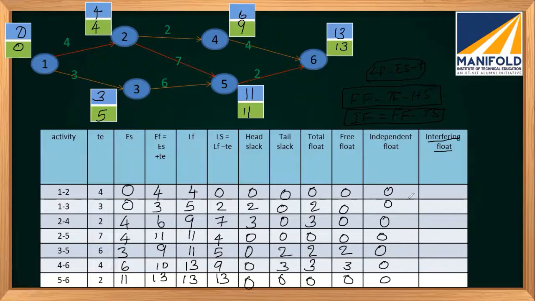So let's write that also. This will be nothing but the head event slacks. This will be 0, 0, 0. No, this will be 2, and this will be 3. That's the slack. Zero and 0. Okay, so these are the main three or four floats in a network.